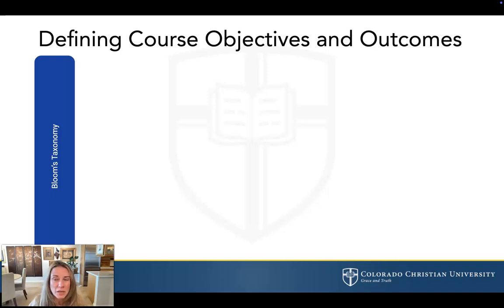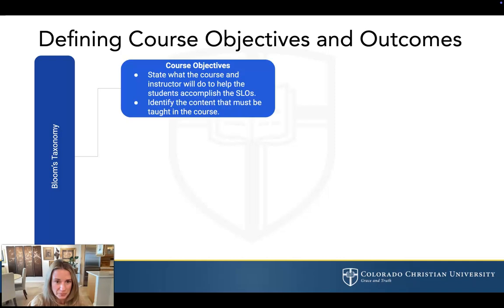And so they need to be demonstrating their knowledge and understanding at those higher levels of Bloom's taxonomy.